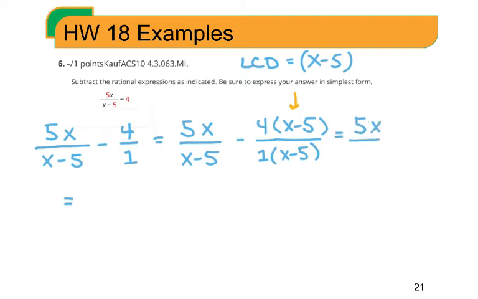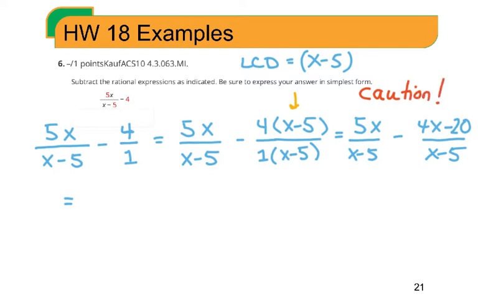So now let's see what this equals. 5x over x minus 5 minus (4x minus 20) over x minus 5. Now, caution. This minus sign applies to this entire numerator.